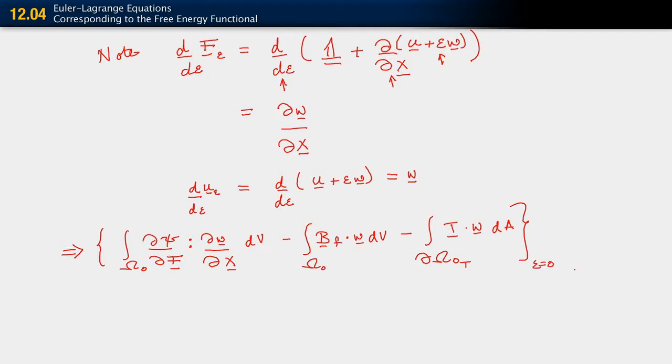Okay? All right. Now, where would we have to set epsilon equals 0? Well, the place that we would have to set epsilon equal to 0 would be here, because though I wrote this as derivative with respect to f, it is actually derivative with respect to f evaluated at f sub epsilon. Okay? All right.